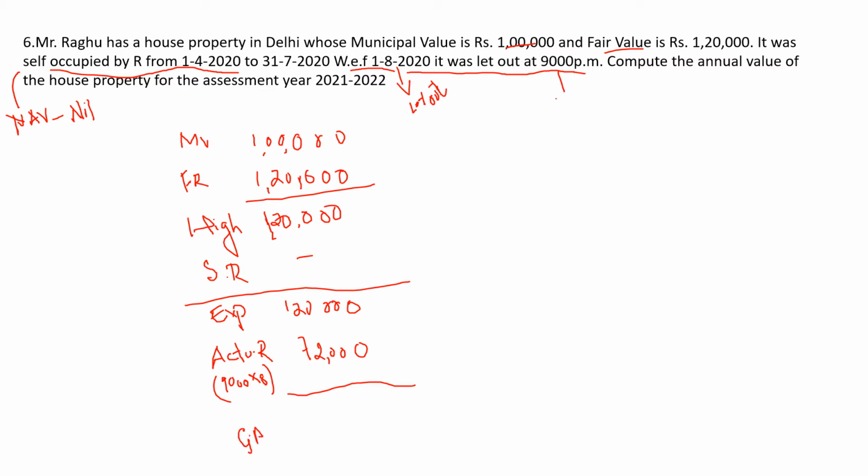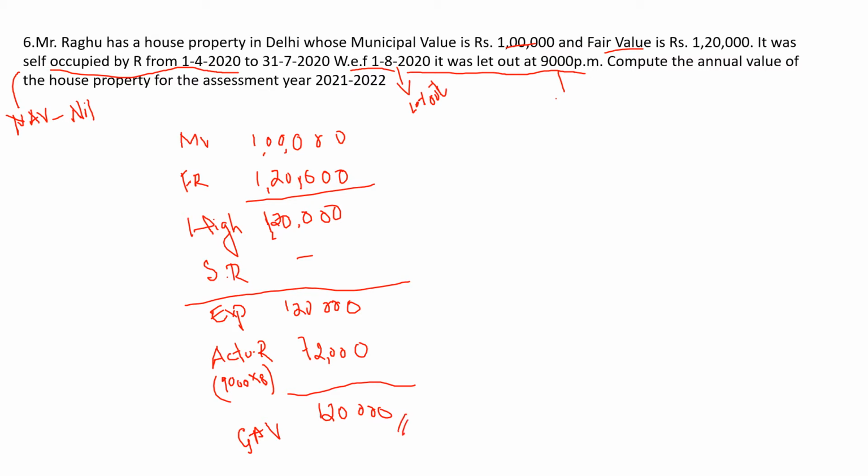The gross annual value comes out to be 1,20,000. From this gross annual value, the municipality tax is to be deducted to compute the annual value for the house. Municipality tax has not been provided; nothing has been said. So we will keep only the gross annual value till here.